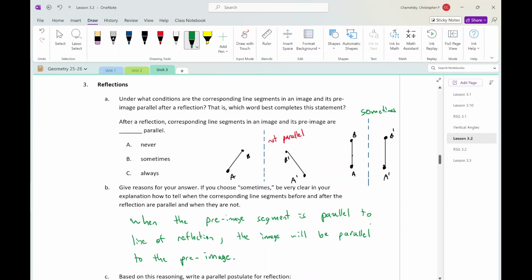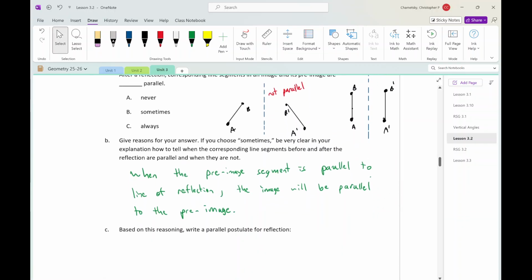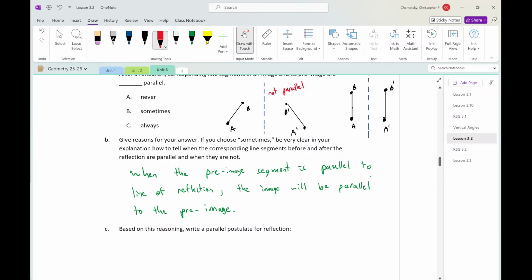Okay, so let's write up a postulate. A postulate, by the way, I forgot to mention this earlier, a postulate is a rule, okay? And it's a rule that we can't really prove. We're just accepting it as true.